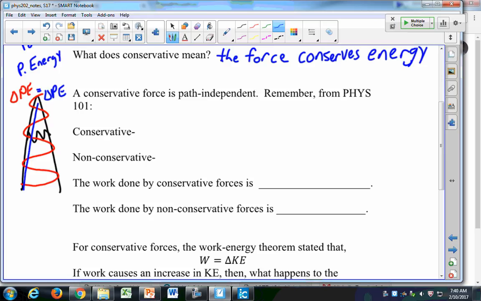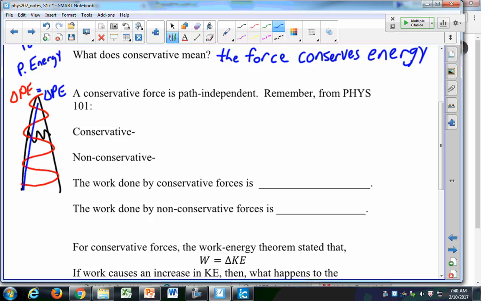That means that a conservative force doesn't depend upon the path that you take, that you're still going to have the same change in energy. Whereas a non-conservative force, if I take the red path or the blue path, the non-conservative force that will lose the most energy is the which path? The red path, right? Because you travel a much longer distance, so that force has a longer distance over which to act, so it does more work, or it takes away more energy.